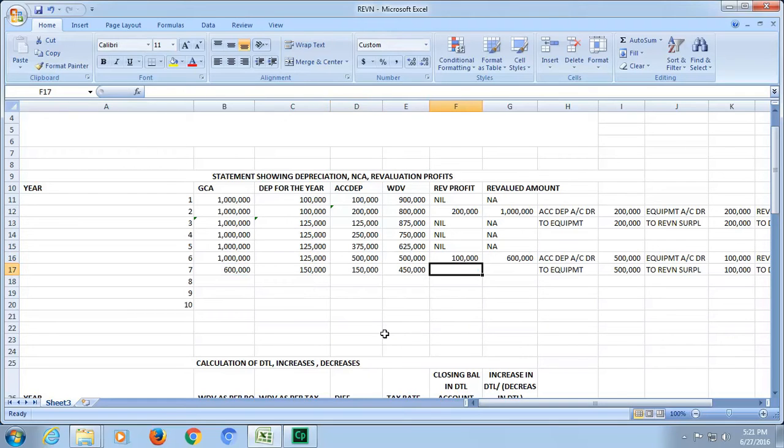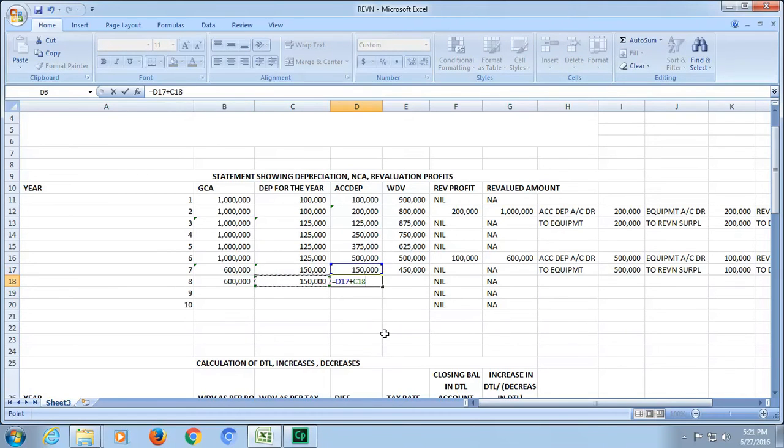Okay. Again we don't have any revaluation in the 7th year, hence we need not worry. Actually up to 10th year we don't have to worry about revaluation and revaluation profit. 8th year the carrying amount will be the same, depreciation would be the same. Accumulated depreciation for the 8th year would be opening balance plus the current year depreciation. This would be the same.